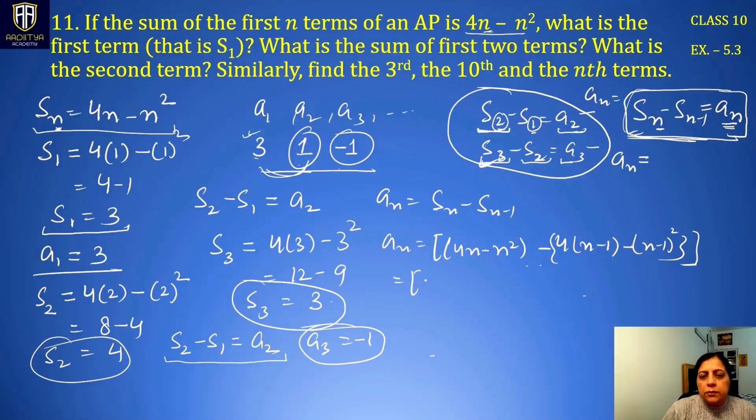So this becomes 4n minus n square minus the bracket. Now simplify this. Inside this bracket, this is 4n minus 4. When you open the square, you get n square plus 1 minus 2n.